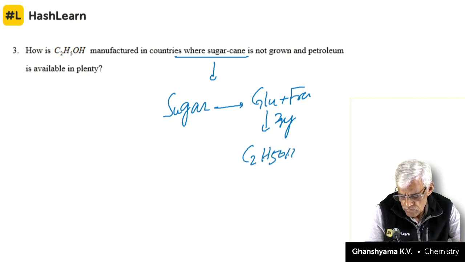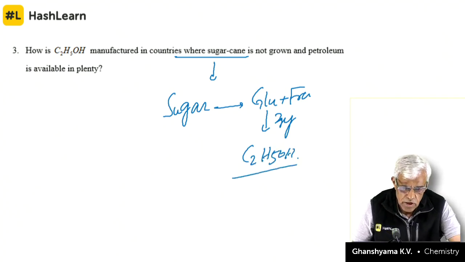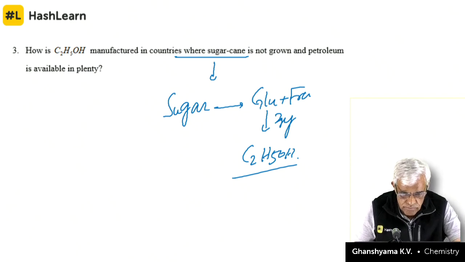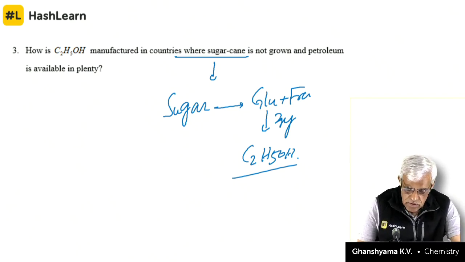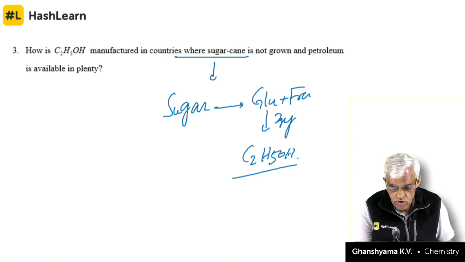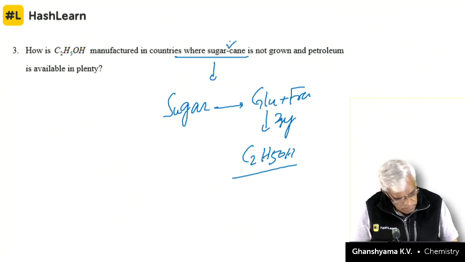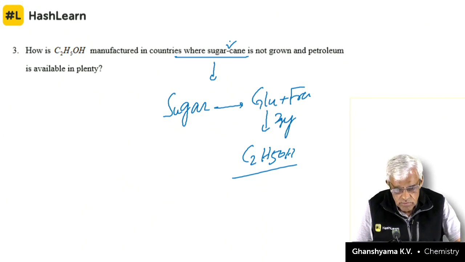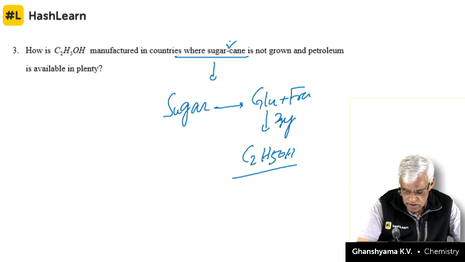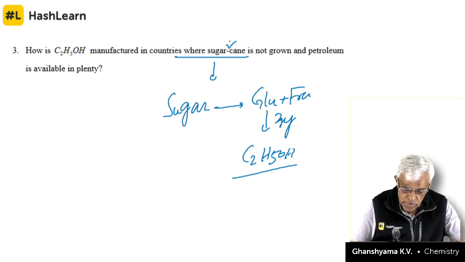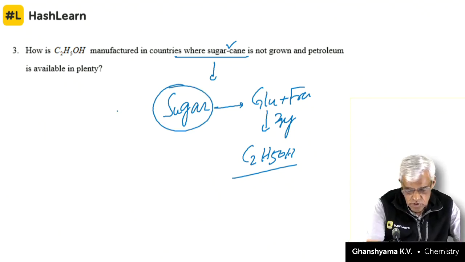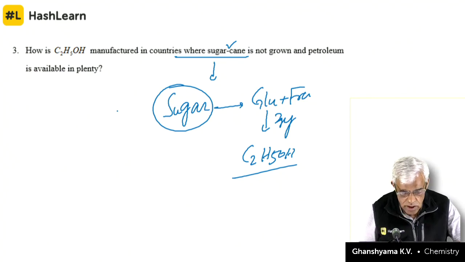This is the classical method or traditional method. So, because we grow a lot of sugarcane, Brazil, Indonesia, New Zealand, West Indies, they grow sugarcane, therefore they manufacture ethanol by this.